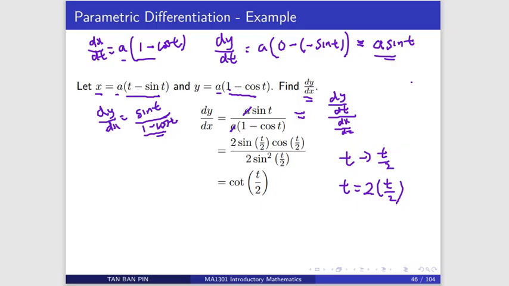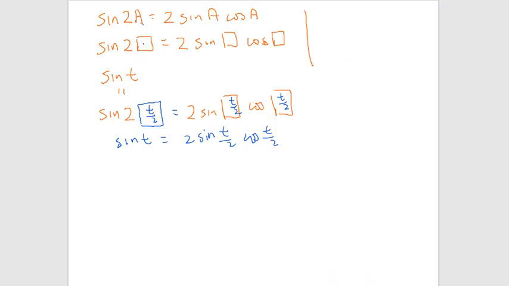Next, we look at the expression 1 − cosine t. Why is it the same as 2 sine squared t/2? Again we look at the trigonometric formulas.